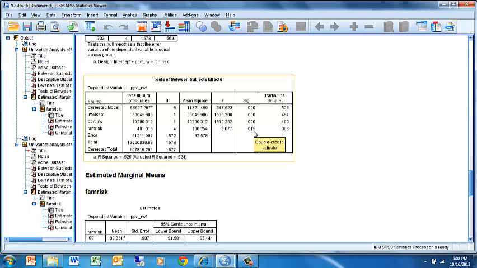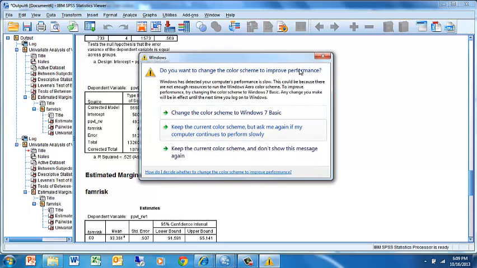So this tells us that there is a difference in Peabody Picture Vocabulary Test scores for first graders based on level of family risk after controlling for any differences that were occurring in kindergarten on the PPVT. So that's an important finding. We see that the covariate is statistically significant as well. It's less than 0.05.